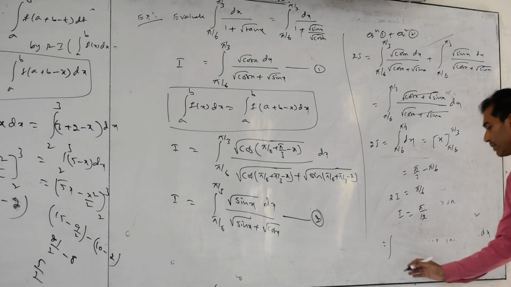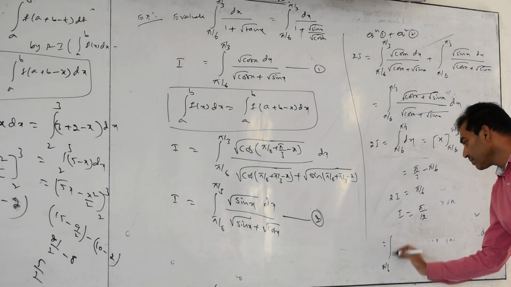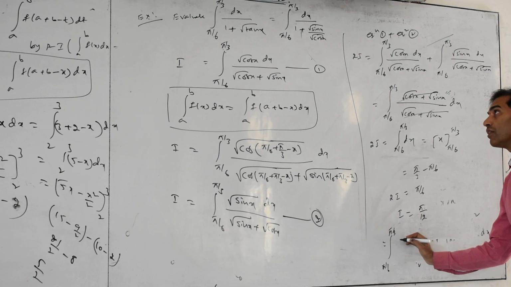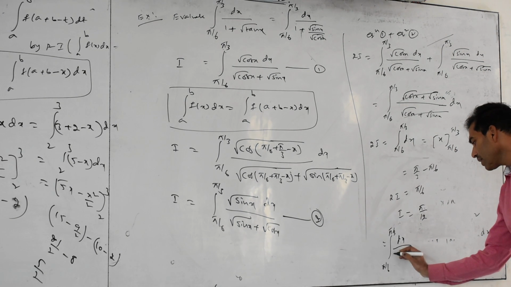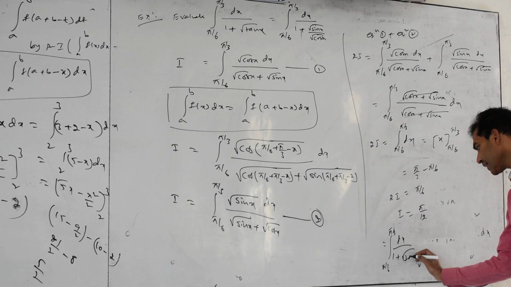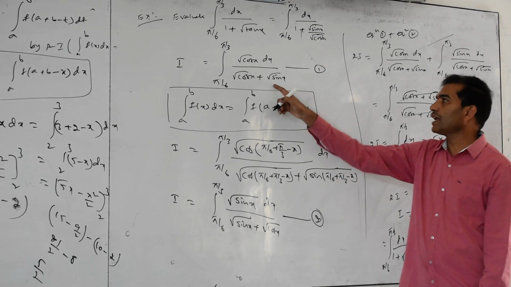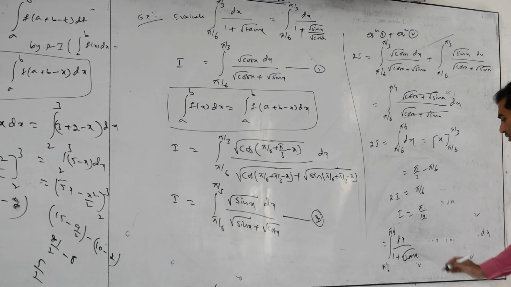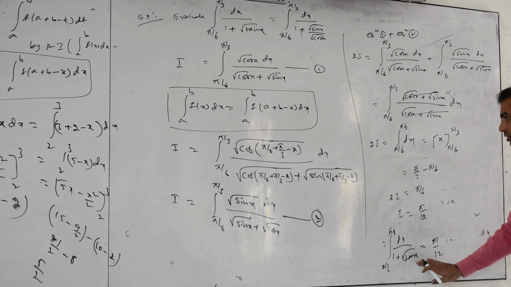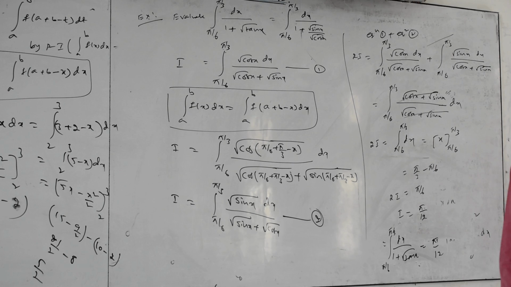Tell me, pi by 6 to pi by 3 dx by 1 plus root of tan x, or root of this, I mean this also, is equal to pi by 12. See, that is the use of the properties. I have not used any single indefinite integral concept.